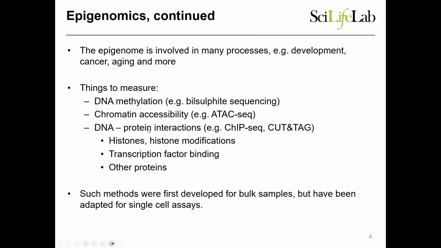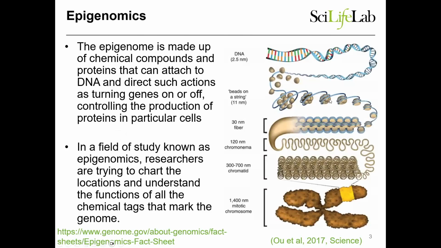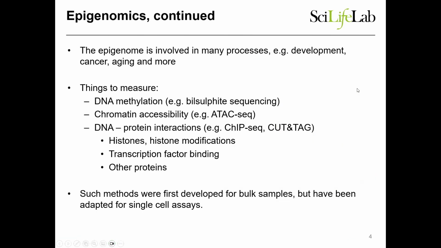Also, DNA-protein interactions. So if you have a transcription factor binding to DNA, you want to see where this is binding, or if you have a histone with a specific histone modification, where are those histones located across the genome, or other proteins.